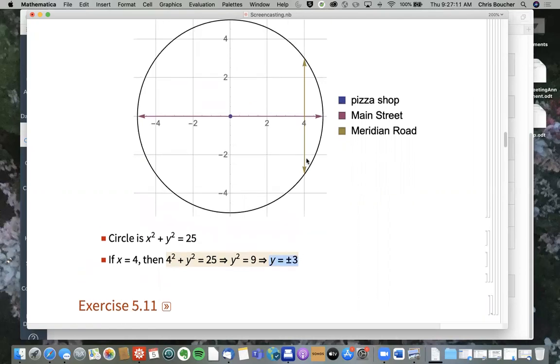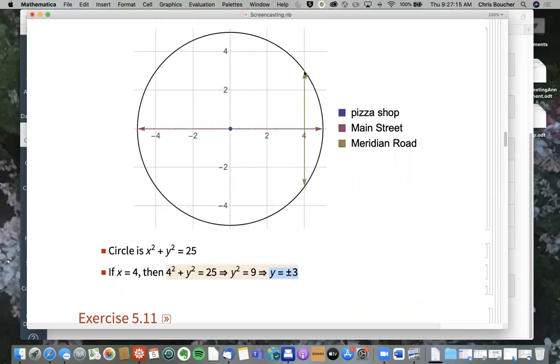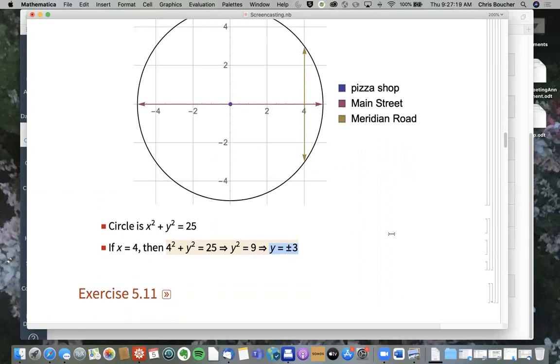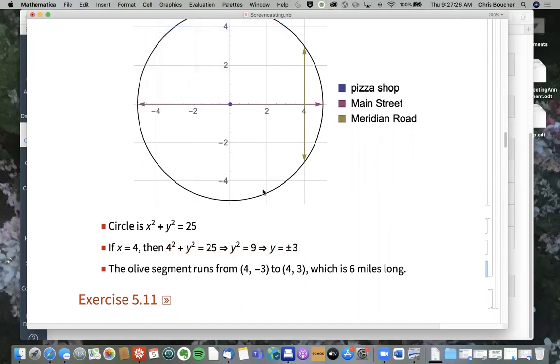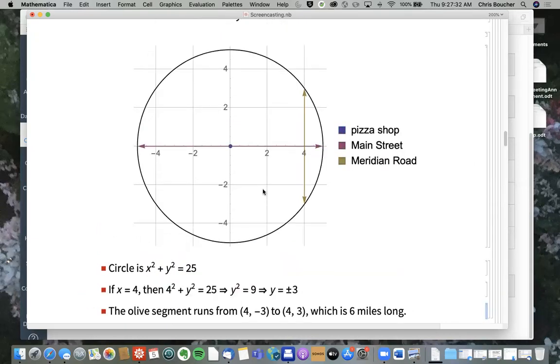And that tells me that this point has y coordinate -3, and this point has y coordinate +3, right? I just found those two y coordinates, and that means they're 6 units apart, of course. And so the answer to the question is the stretch of Meridian Road in the delivery radius is 6 miles long.